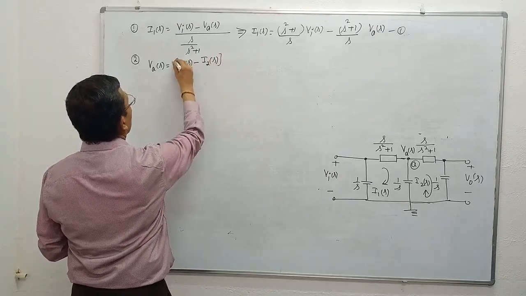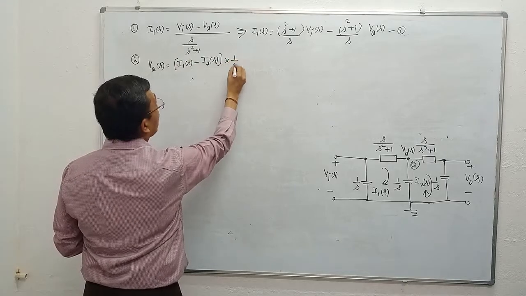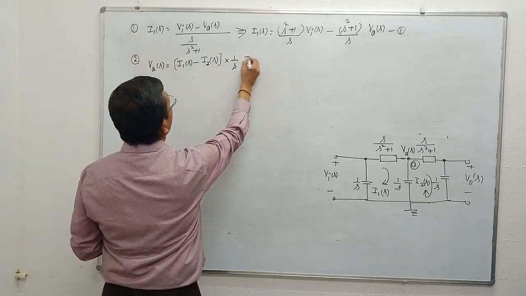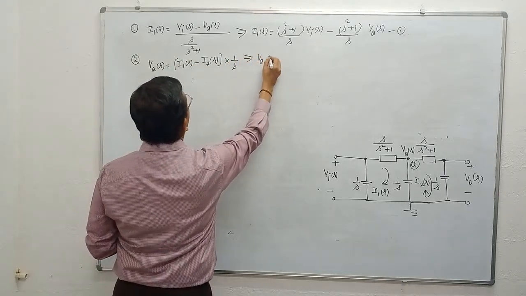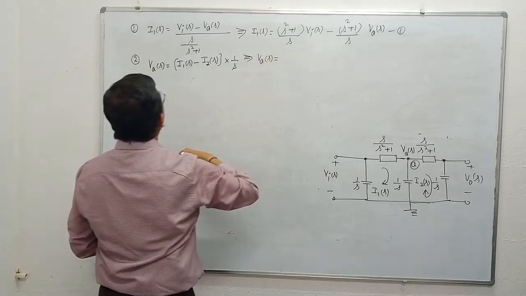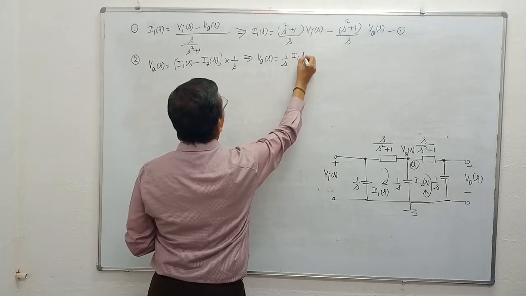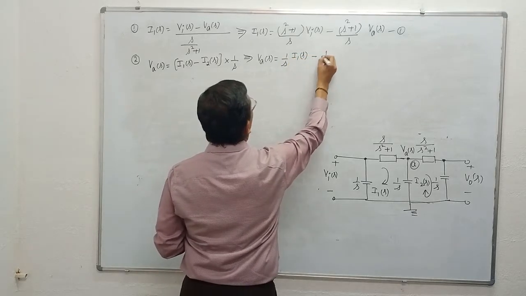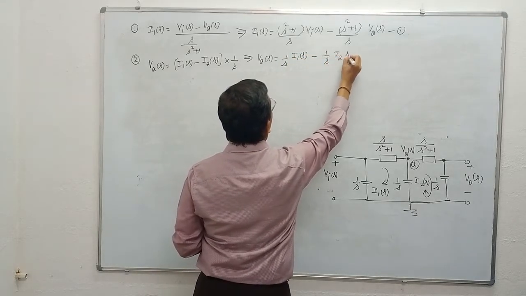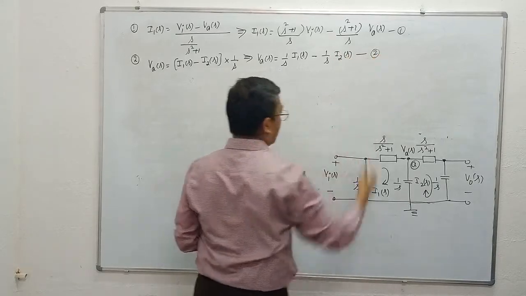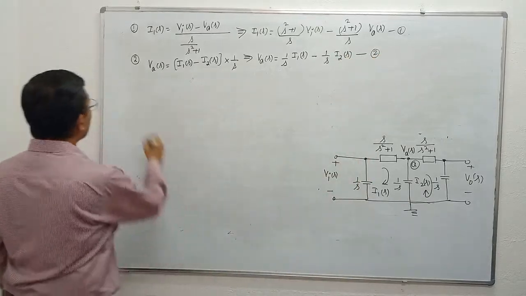Impedance is 1 by S. So this implies VA of S is equal to 1 by S into I1 of S minus 1 by S into I2 of S. This I will call equation 2. Third step.